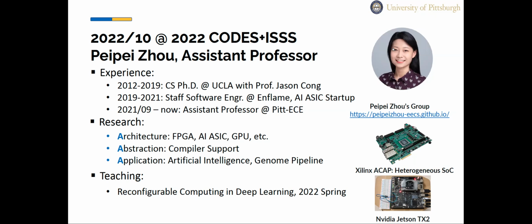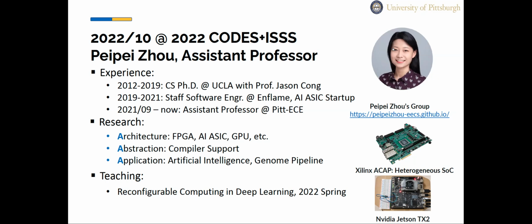I mainly focus on computer architecture design for FPGA, AI ASIC, GPU, and something like neuromorphic computing as well. And abstraction is how we can build compilation support for customized computing to ease the programming of these devices. And applications include artificial intelligence, genome pipelining, health applications, and different kinds of wide domains of applications.